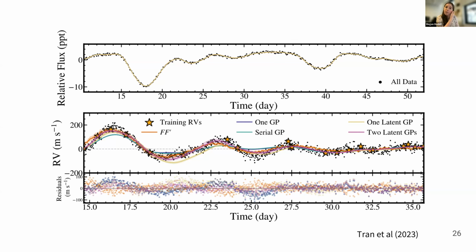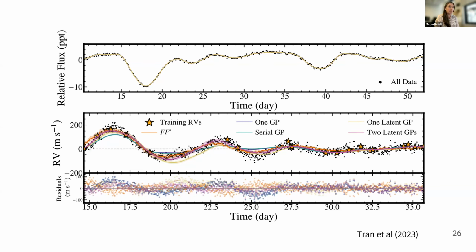We applied a bunch of different models to these simulated time series. One of them was using a single Gaussian process directly, using a single Gaussian process and serially training it by constraining the hyperparameters from the flux and then applying to the RVs, or using latent Gaussian processes, either one or two. And we directly compared for this case to the FF prime predictions because we were able to generate perfect flux and flux derivative time series.